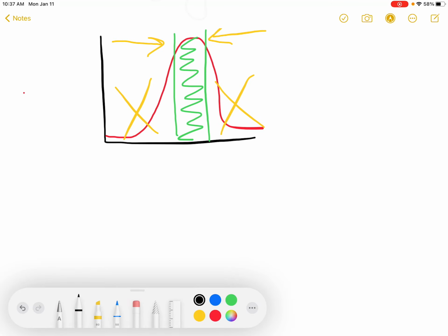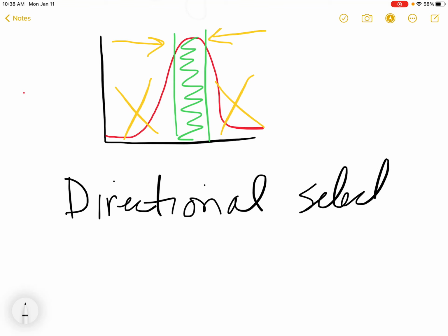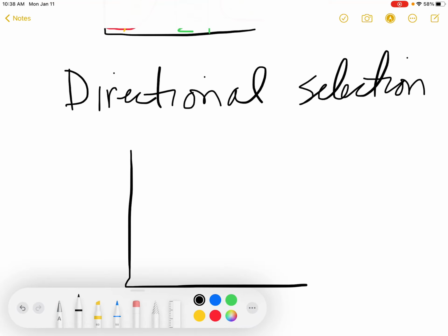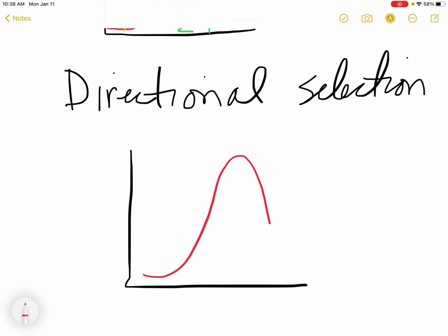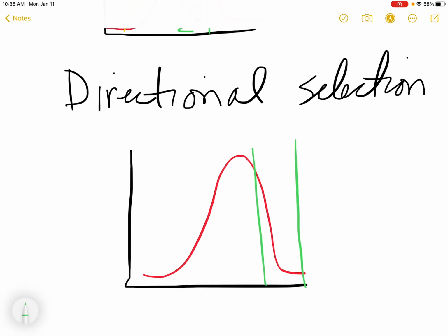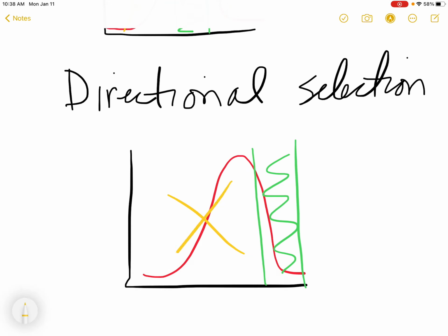Next, we would have what's called directional selection. And directional selection is an environmental event that pushes the curve towards one end or the other. So what it does is it selects for instance, the largest, and it selects against those who are in the intermediate or lowest.